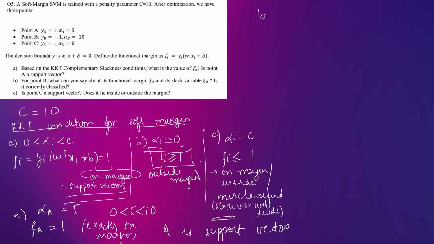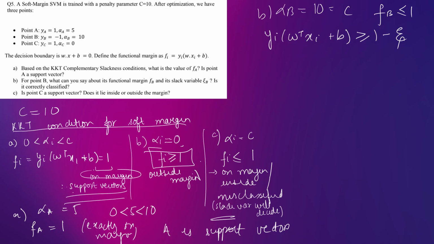Now B part. Alpha B is equal to 10 is equal to your C. So now this is the last case. That means F of B is less than or equal to 1. Now for such case, we have Yi into W transpose Xi plus B greater than or equal to 1 minus this. This is basically an extra variable, that is a slack variable that we talked about here.